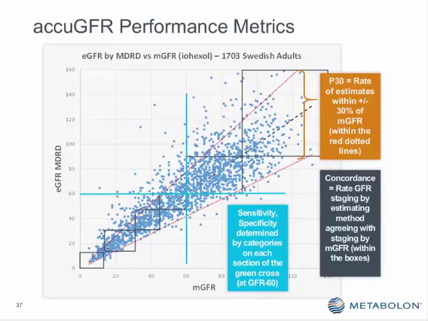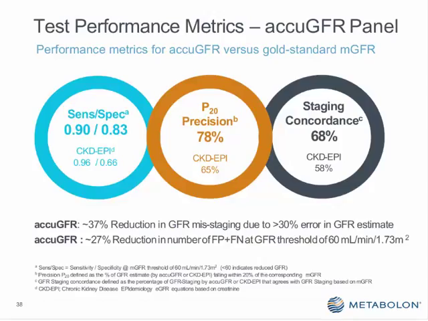So if we can just show you the final metrics here. Basically at P20, so a little bit squeezing down the regions a little bit more, not P30, but P20, so plus or minus 20% of mGFR values. We see an improvement with accuGFR of 78% versus 65% by CKD-EPI. The staging concordance, so looking at the different stages, 68% versus 58% by CKD-EPI.